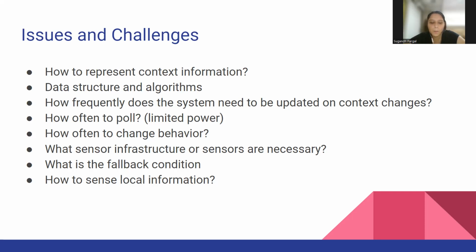The next issue is how to sense the local information, like what device or system should be developed to sense the context or the context changes. So these are the major issues that we need to address first whenever we are trying to capture the context information or predict context-aware computing.